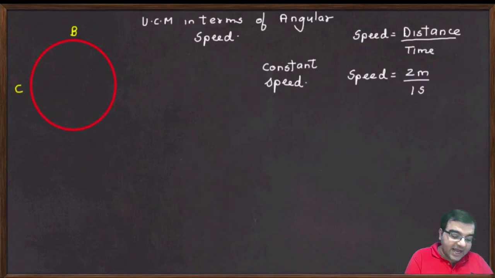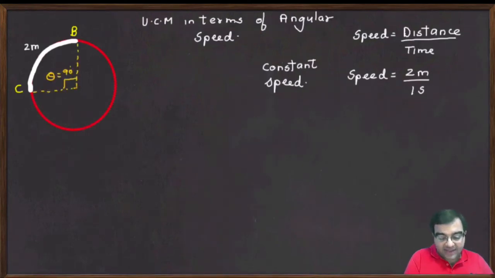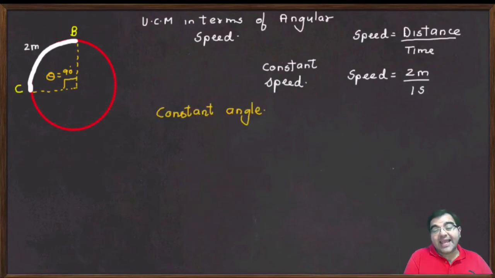Now, let's say the car at point B is now going to move to point C. In the next 1 second, the car moves from point B to point C. It took only 1 second for the car to move from point B to point C. Again in 1 second it covered 2 meters and the angle again was what? 90 degrees. So can I say the angle covered by the car was a constant one?